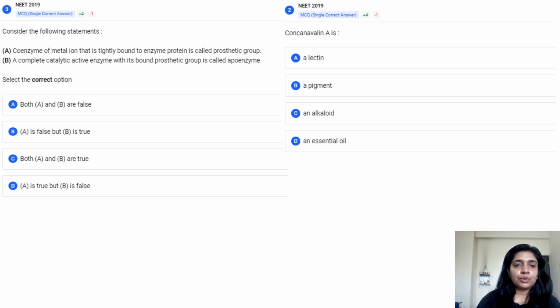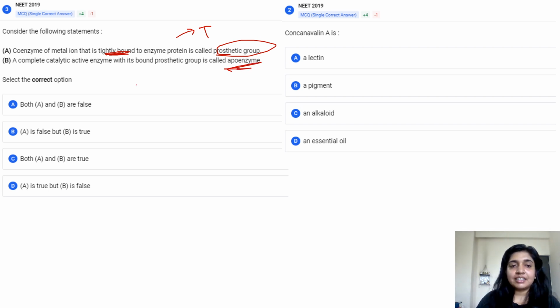Okay, so the question is saying that coenzyme or a metal ion that is tightly bound to the enzyme protein is known as prosthetic group. While you were reading the NCERT, we came across this line, and it's the exact line that is present in the NCERT, that when a metal ion is tightly bound to the enzyme, it is known as prosthetic group. So it's a true statement. The second statement is a complete catalytic active enzyme with its bound prosthetic group is known as apoenzyme. This is wrong.